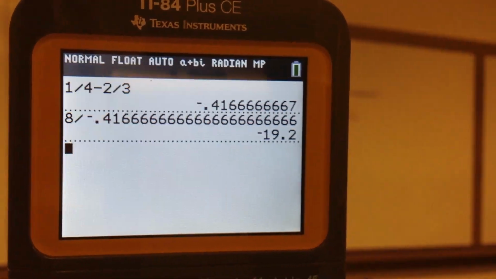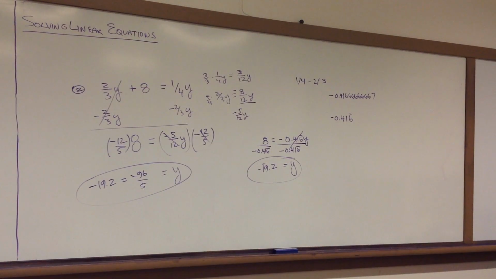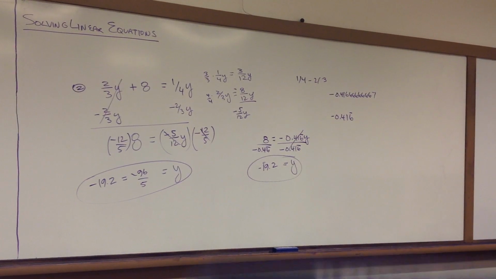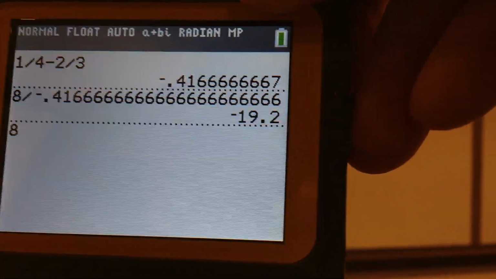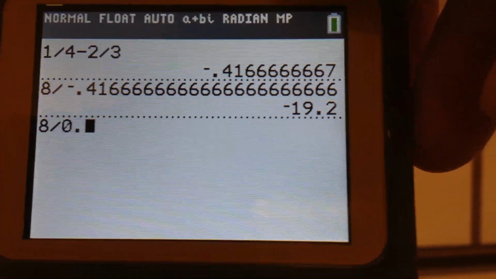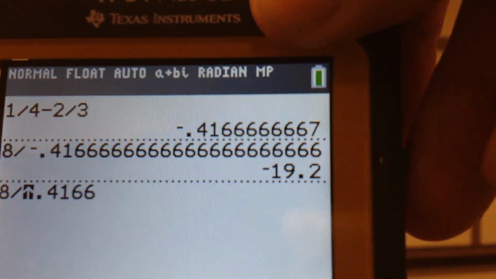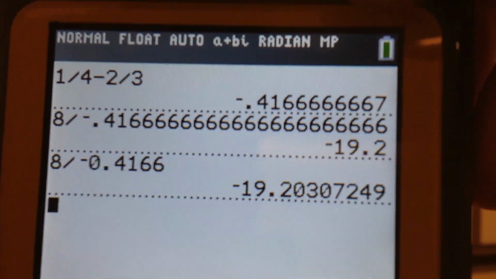You can see I went a little overboard typing in those 6s. Now what if I didn't go overboard in typing up those 6s? What if I had just done 8 divided by -0.4166?